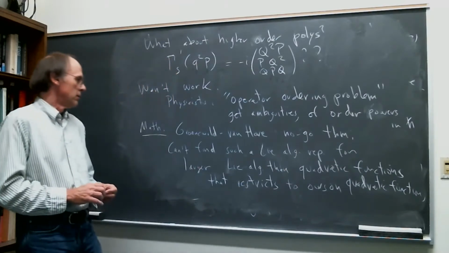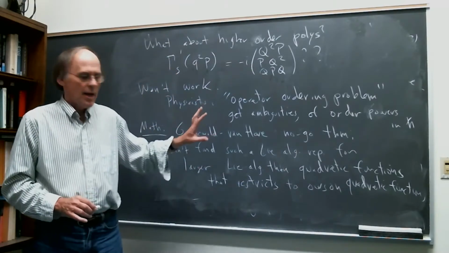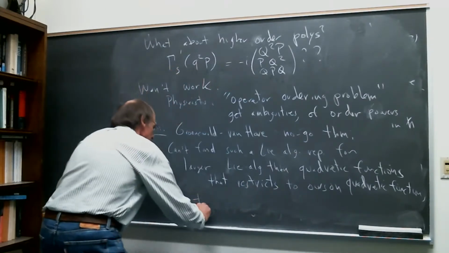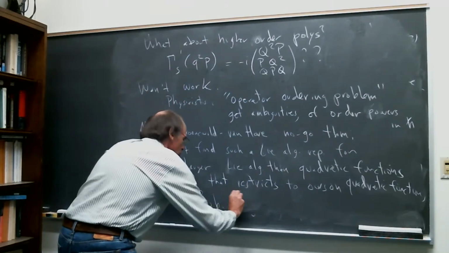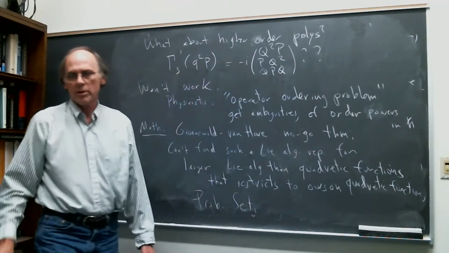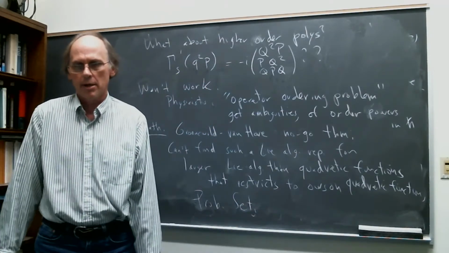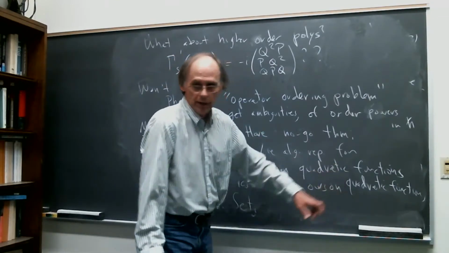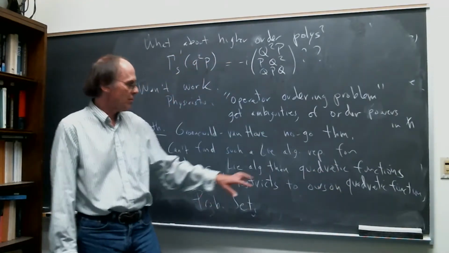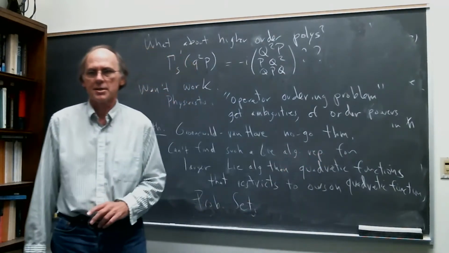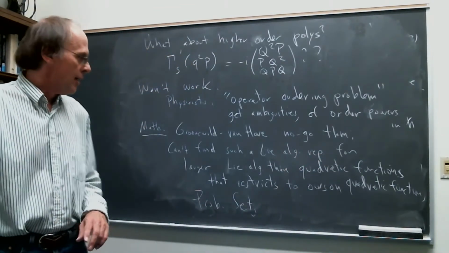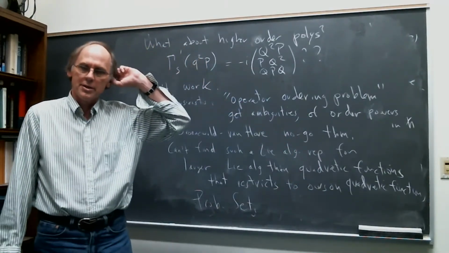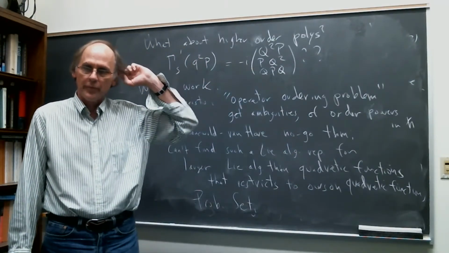So that's the theorem, and I'm not going to say more about it. There's really only one problem in the problem set that's due next week, and it is just playing around with some examples of what happens for cubic functions, and to show that this can't possibly work.